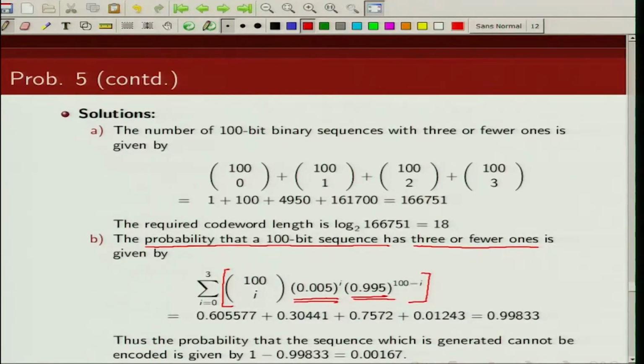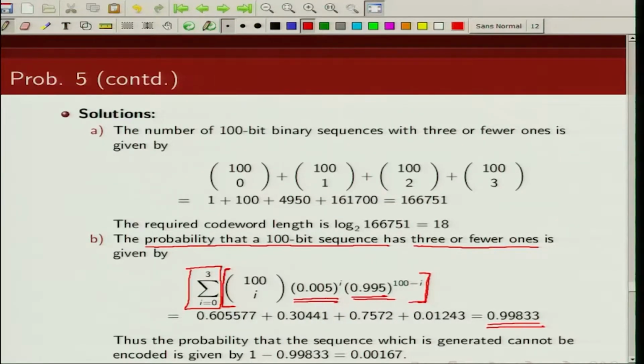So this will give us the probability that there are i ones in the sequence of 100 bits. Since we are interested in finding the probability that there are 3 or fewer ones, we sum it over all i going from 0 to 3, and this probability comes out to be 0.99833.